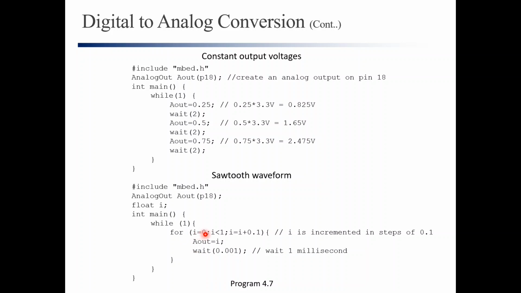Go back again, and now i is updated to 0.1 and the output is sent, and updated again until i is more than 1. If i is more than 1, it will reset to 0 again. So this will create the sawtooth waveform. The output will be something like this.